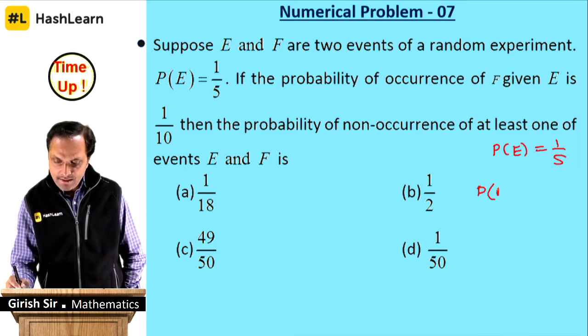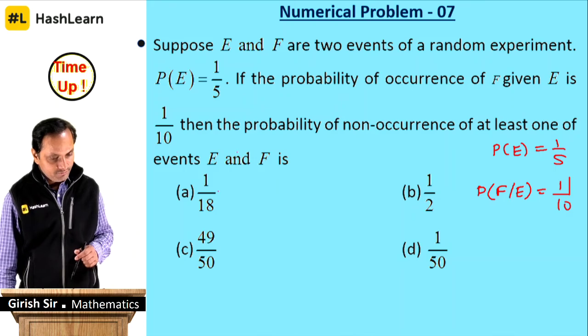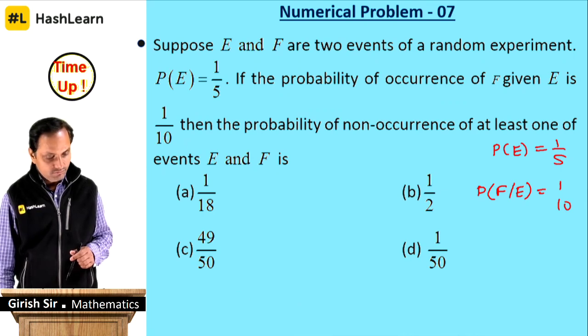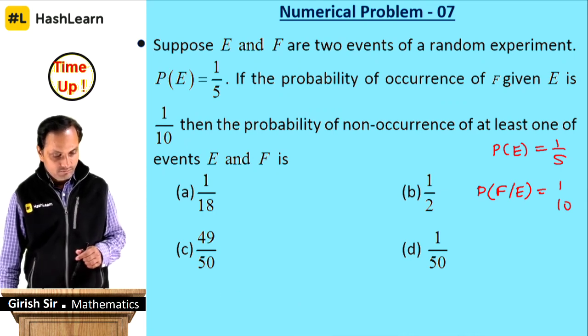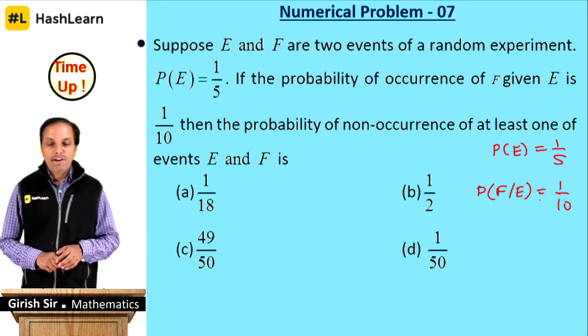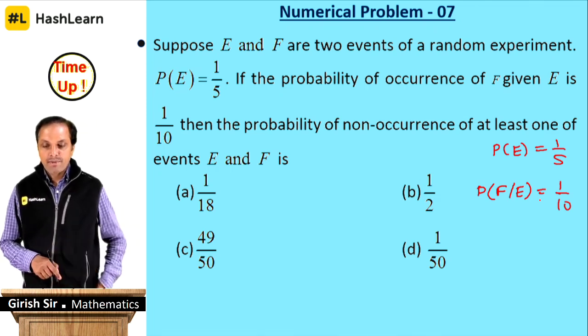And probability of F conditional E is given as 1 by 10. Yes, probability of occurrence of F given E is given as 1 by 10.